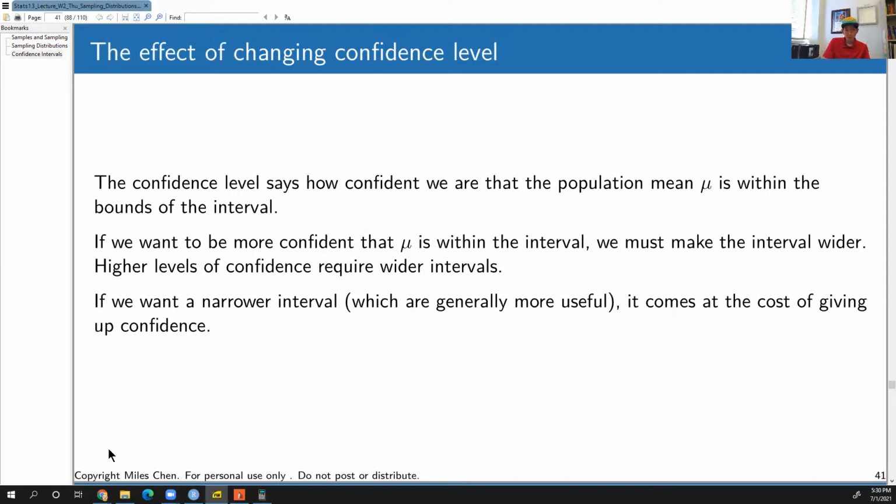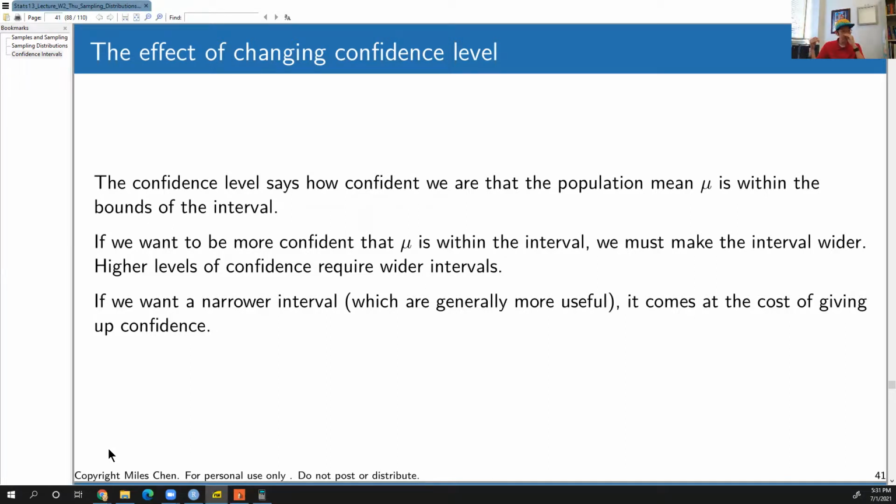We had this question: why don't we just use a 99.7% confidence interval? Why don't we just try to be super confident? The confidence level says how confident we are that the population mean mu is within the bounds of the interval. If we want to be more confident that mu is inside the interval, we can just make the interval wider.